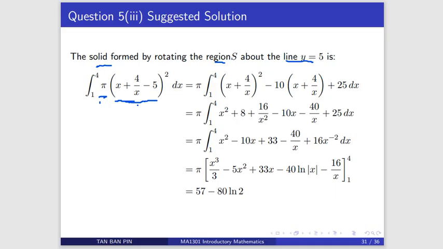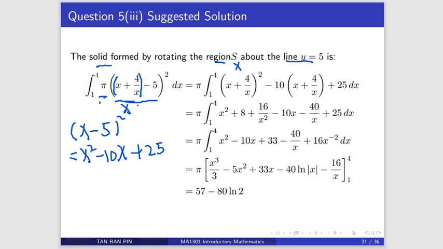To expand this, because there are 3 terms, you can group two as one term. Call it b(x). (b(x) minus 5) squared gives you b(x) squared minus 10 b(x) plus 25. You take b(x) to be x plus 4 over x, then minus 10 b(x) plus 25.